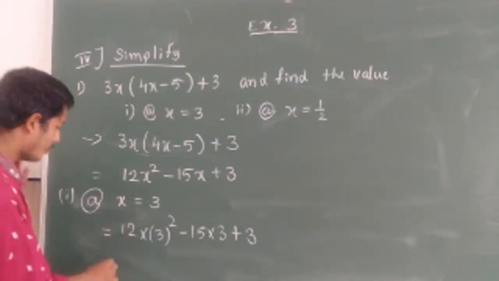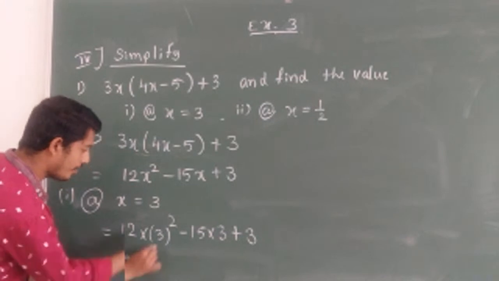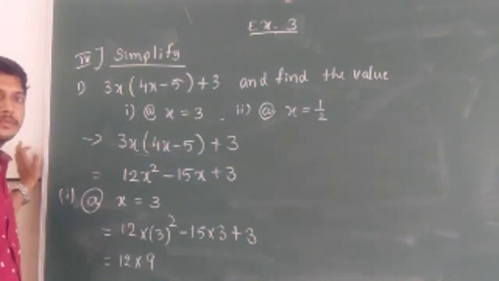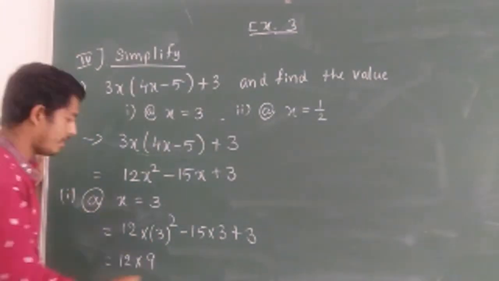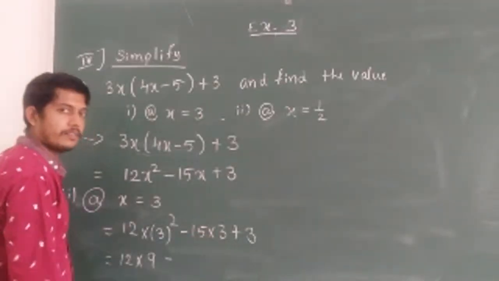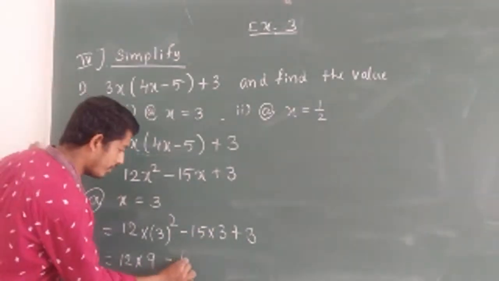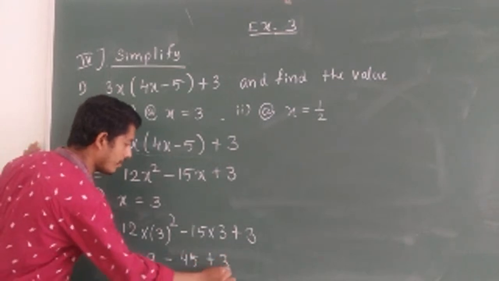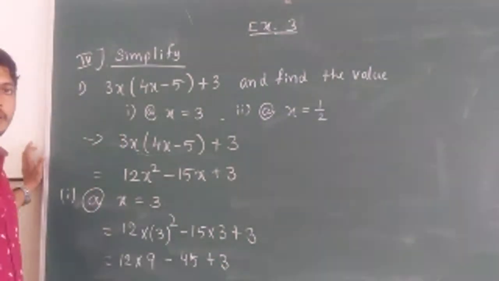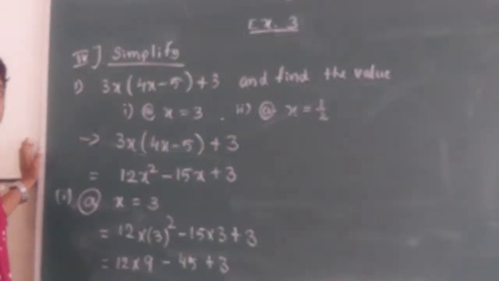So it becomes 12 into 3 square, which is 9. So 3 into 3 is 9, minus 15 3s is 45, plus 3. Okay, then next.